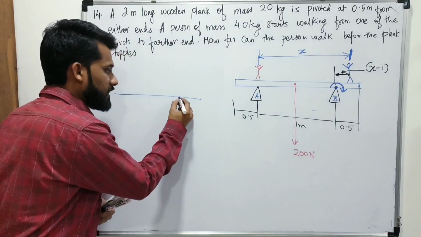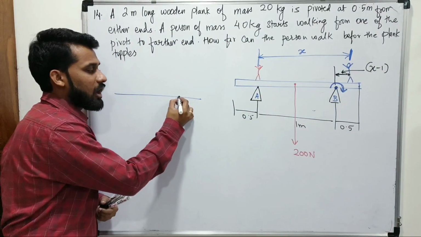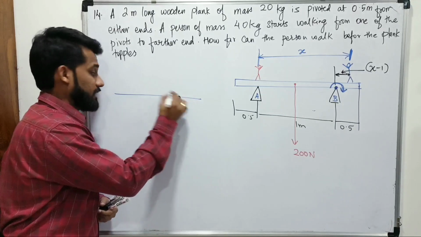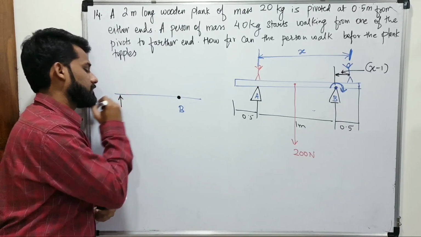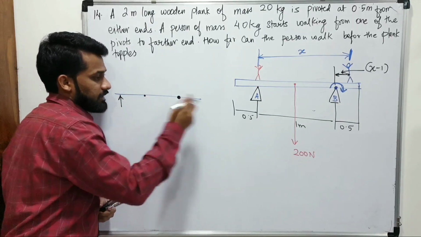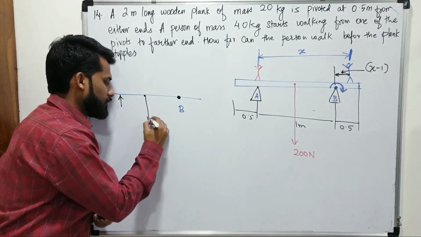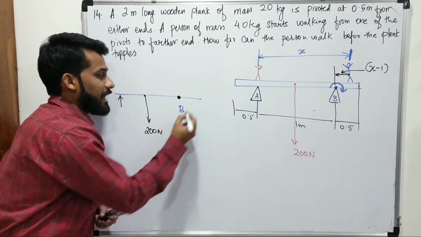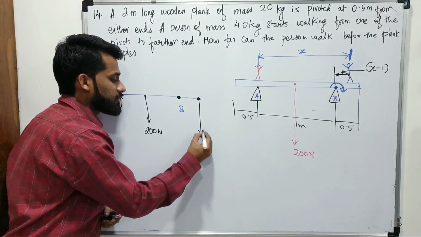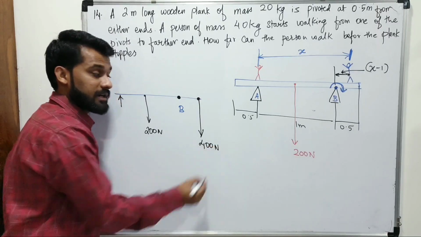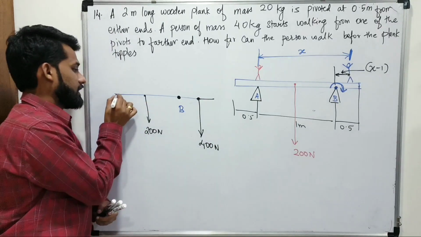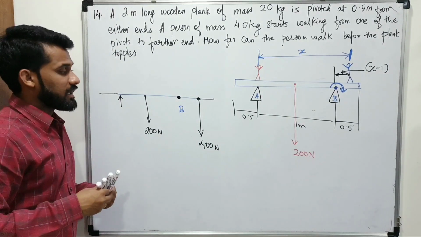So about point B, how many forces are trying to rotate it? A is trying to push it up. The plank's weight, 200 Newton, is trying to push it down. And the person's weight is also trying to push it down, which is 400 Newton. The plank extends up to here, right? So there are three forces.